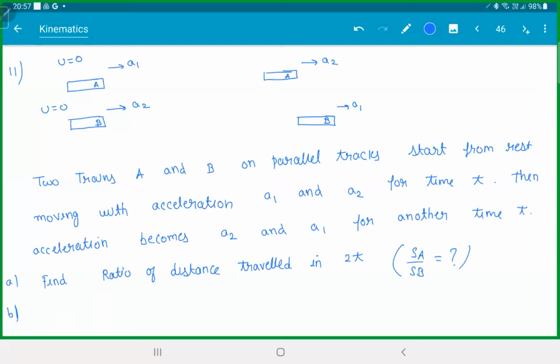So you get the ratio SA by SB. What is the maximum and the minimum value of that ratio? That's the meaning of range.